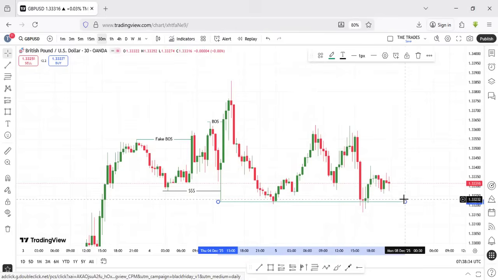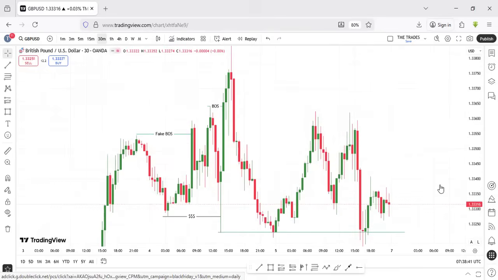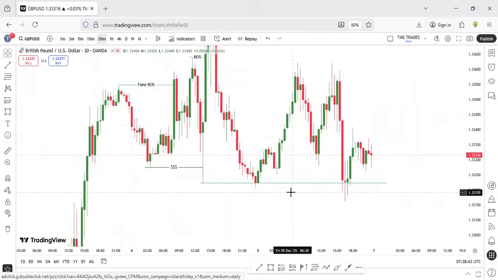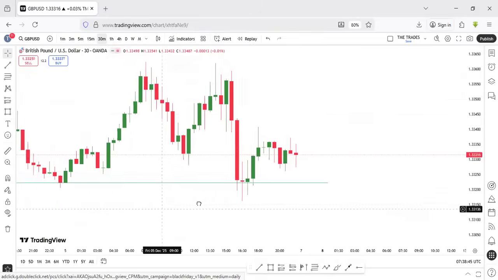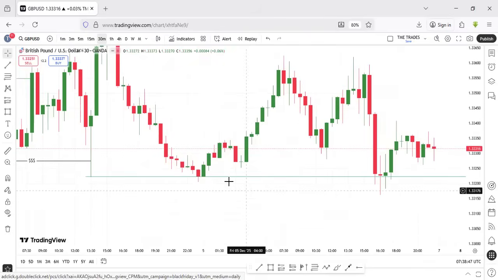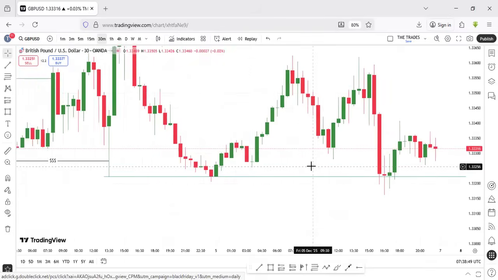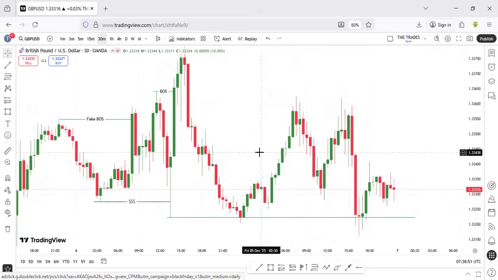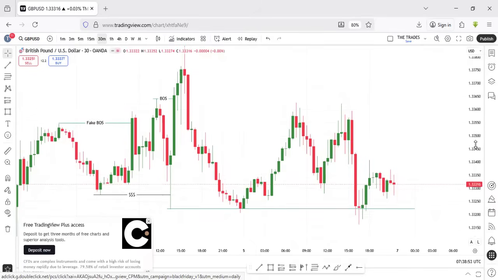Okay, now the market has gone below it, but we are yet to see a break or a candle close below this low. Let's zoom in very well. We have not seen any candle close below it, so we have to be careful about what is happening here.